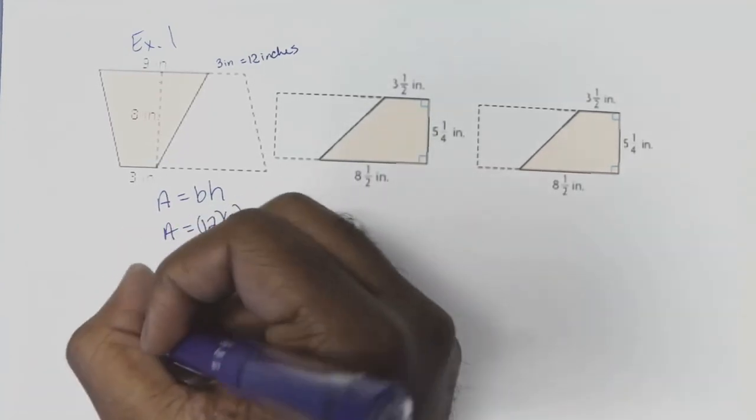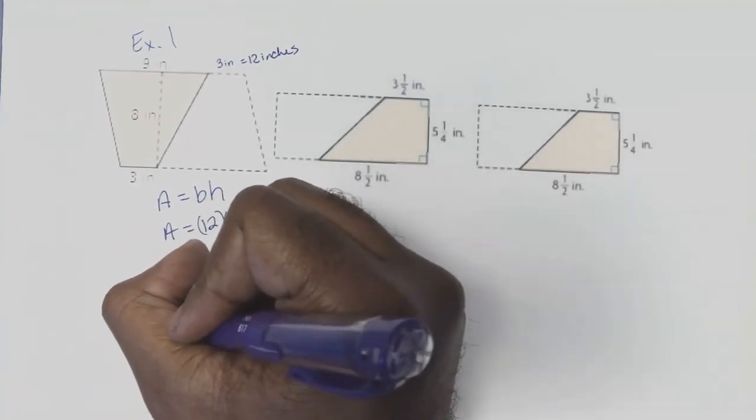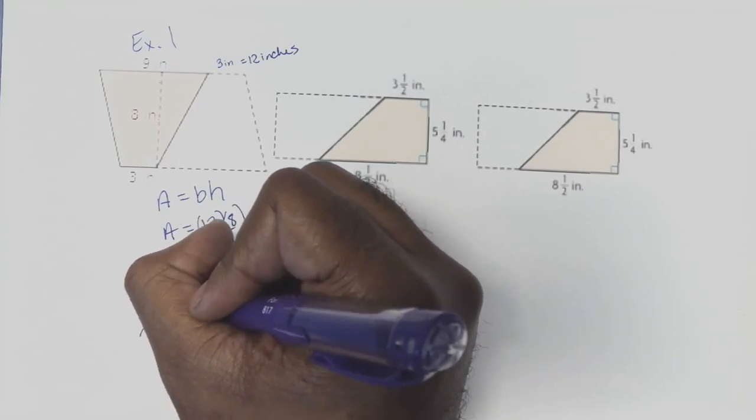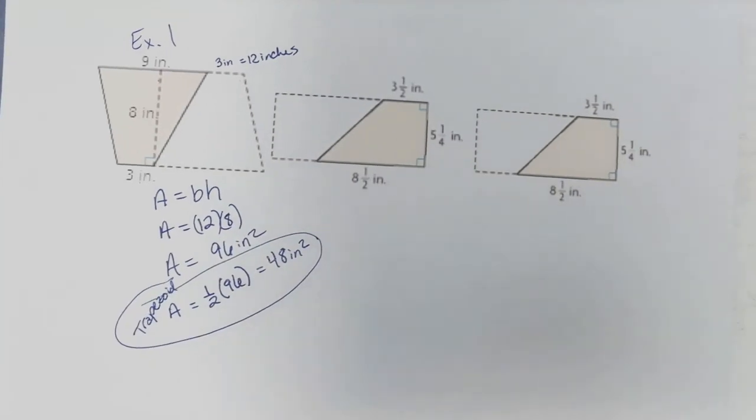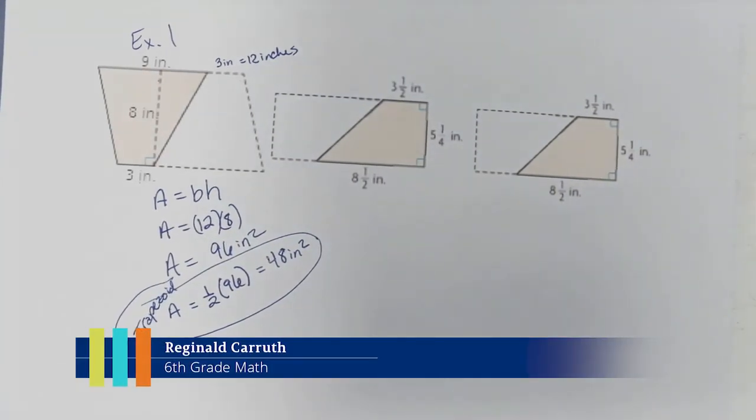So my trapezoid area is 48 inches squared. Good job. Let's look at the second one.